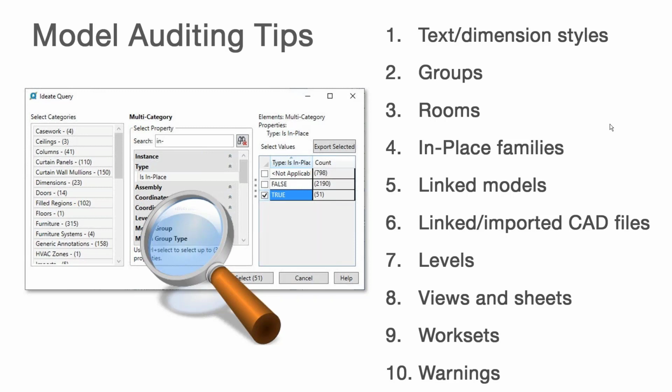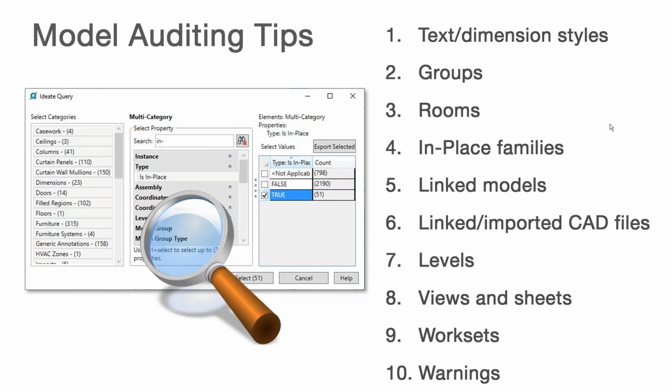Typically my audits look for anything that could cause performance issues, or not following the HOK or project-specific standards. For a lot of the categories, it's just a case of recording the number of elements that exist within the project. Then if there's a follow-up audit for the next stage, we can compare the actual numbers of items and see how the project has changed.